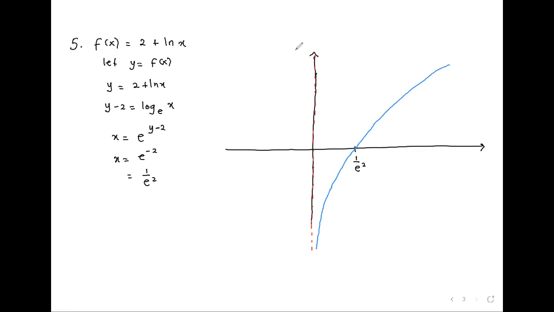It will happen when y is 2, so we'll have e to the power 2 minus 2, giving us e to the power 0, which is 1. If it was important, somewhere here. But for this graph, what is important is the intercept and the shape. That's all.